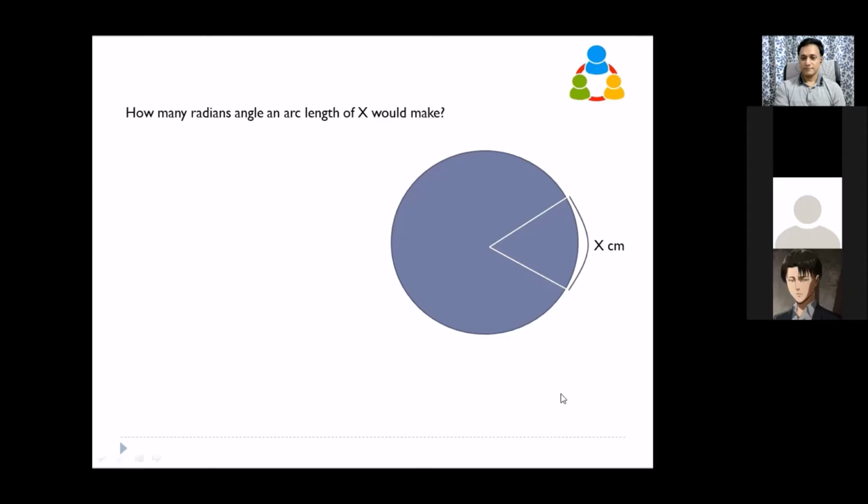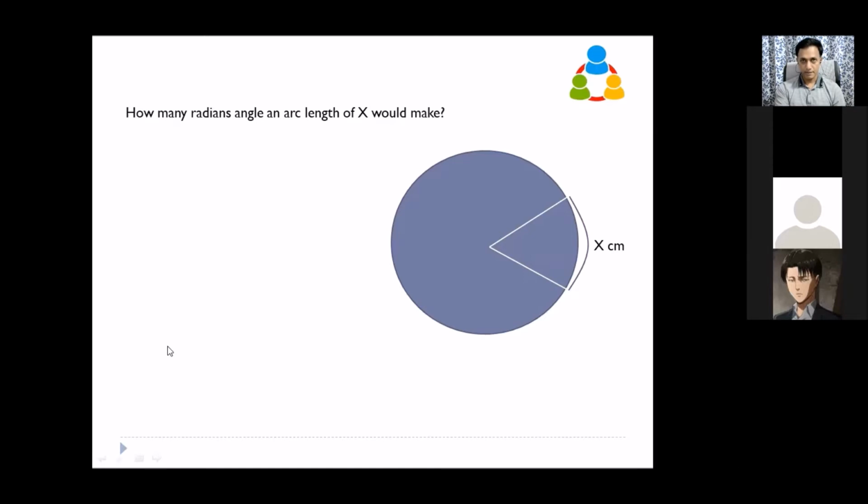So we have to divide it by 360, right? Divide what with 360, Adnan? X over 360. Okay, so x over 360. X by 360 is the ratio, equal to 360 by 2 pi.